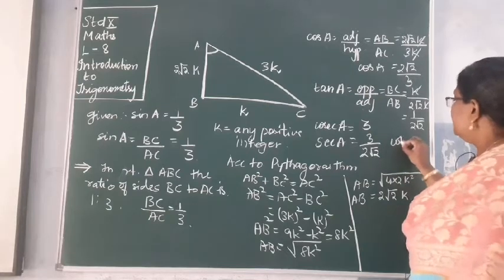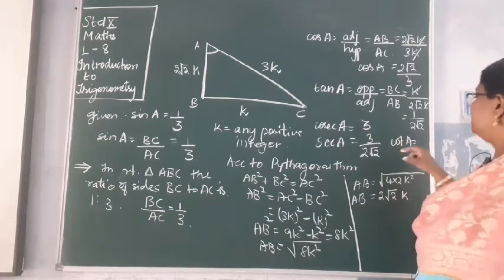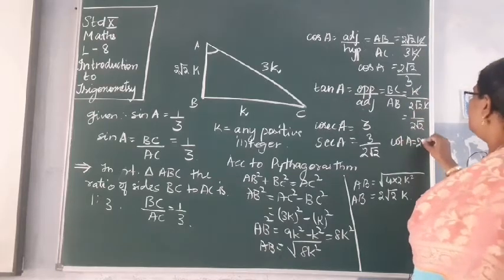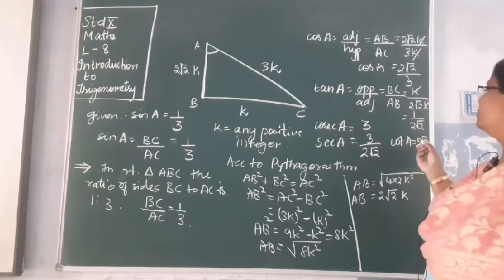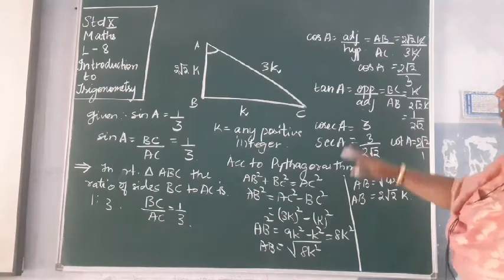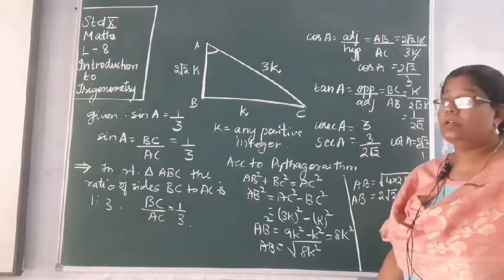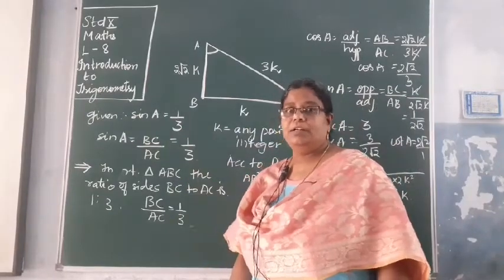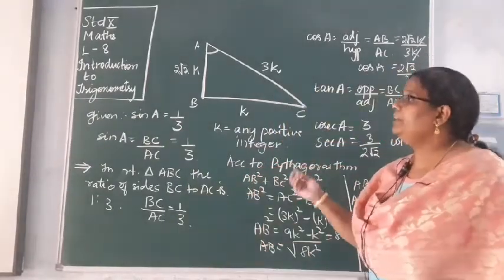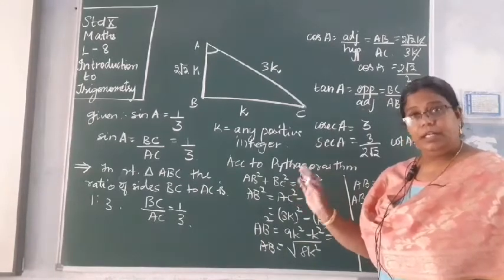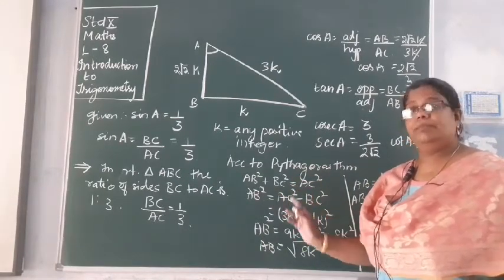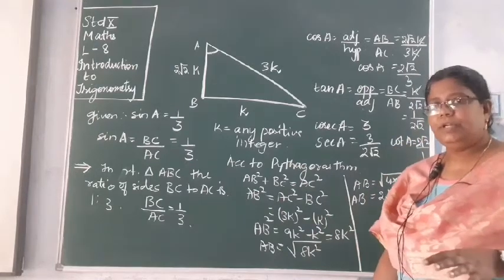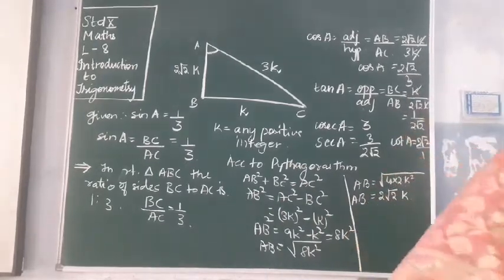And cot is inverse of tan. So cot A will be equal to 2 root 2 by 1 over. So we will leave that one. So we have got all the trigonometric ratios just by knowing sin A. Okay. So this way you can find out the trigonometric ratios in a triangle if you are having any one ratio. Okay. So please copy this down.